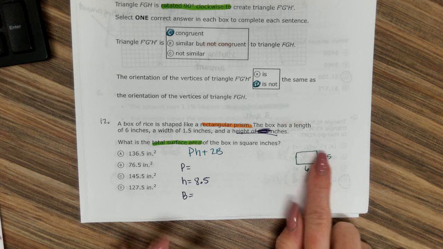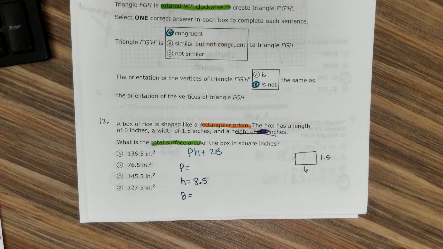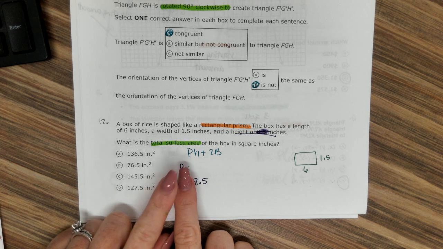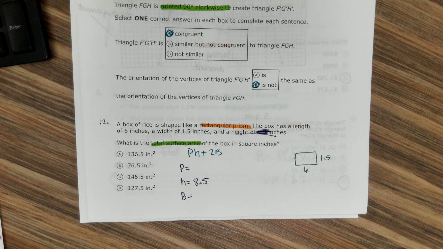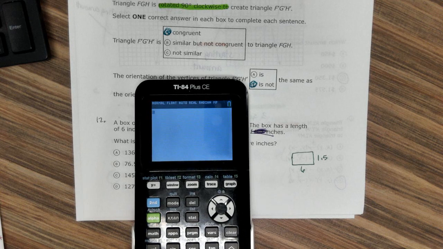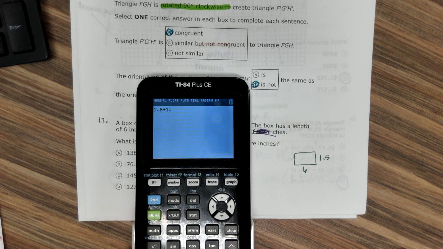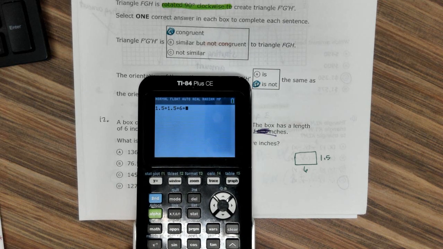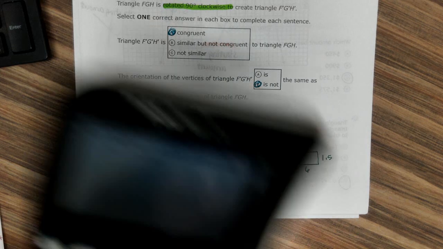Why did I not write 8.5 in my picture? Because the height has nothing to do with the base. That's why we mark it out. All right, how do you find perimeter of anything? Add all the sides. So I'm going to add 1.5 plus 1.5 plus 6 plus 6, which is 15.